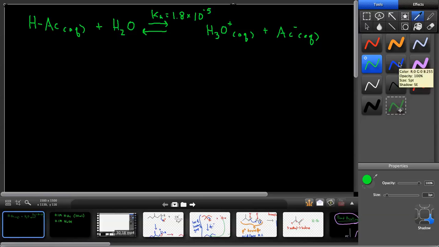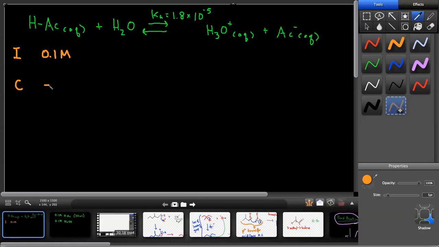The methodology that we will use to find this initial pH is going to be determined through our familiar friend, the ICE methodology. So the initial conditions, we know that we have a 0.1 molar solution of our undissociated acid.